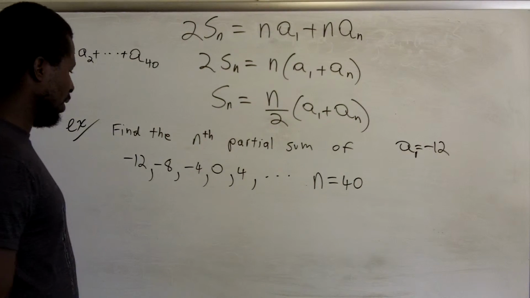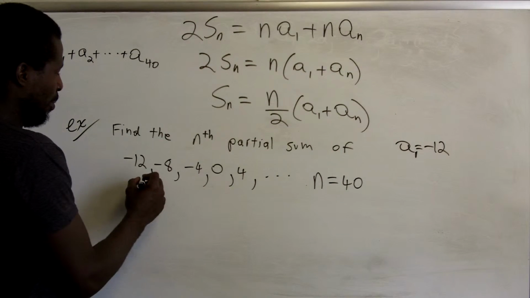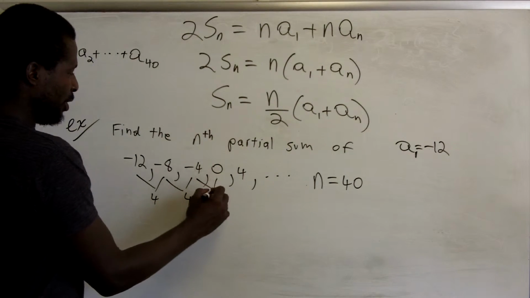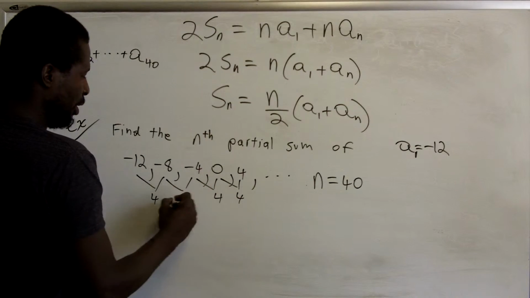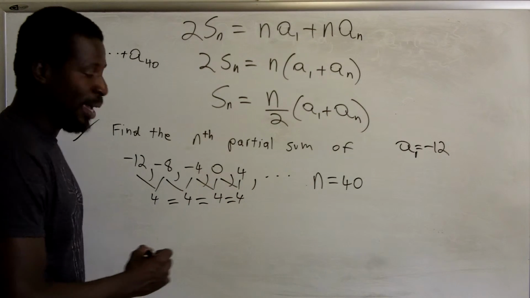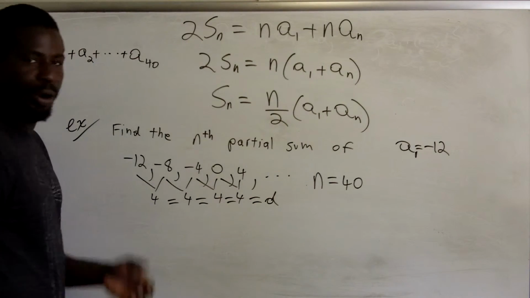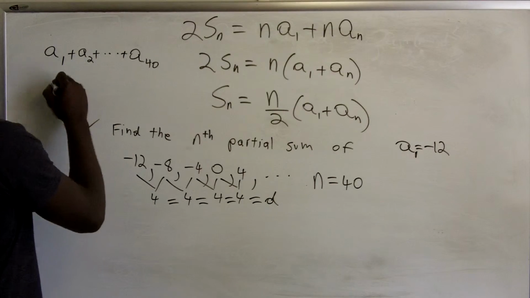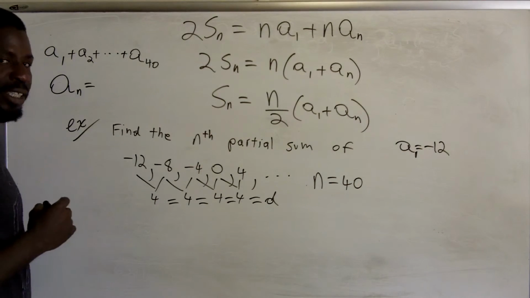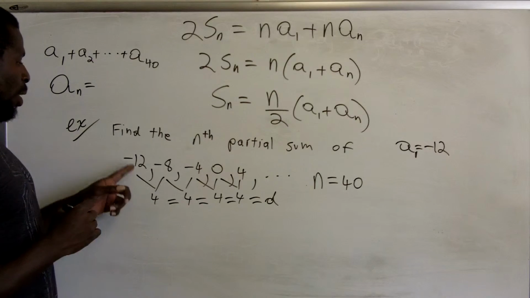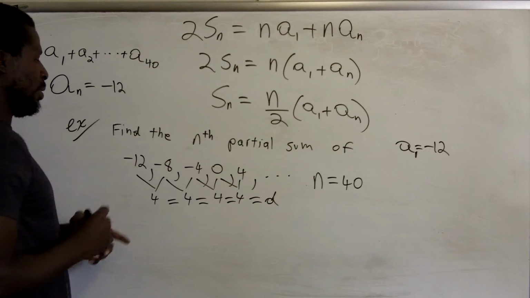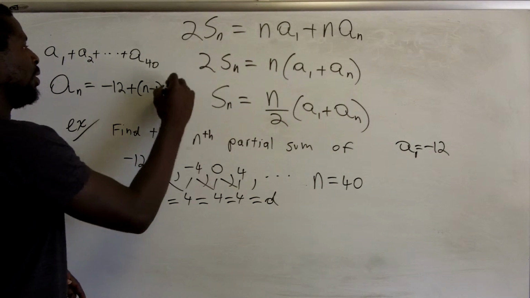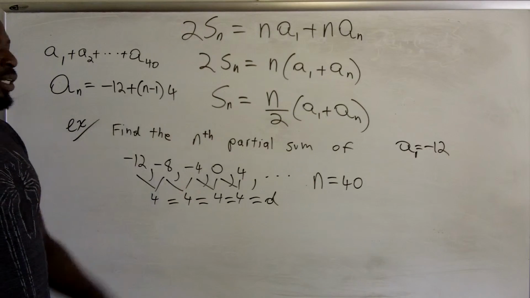There's a common difference here. The difference here is 4, the difference here is also 4, here is 4, here is 4. Since these are all equal, this is an arithmetic sequence with common difference d equal to 4. So I'm going to use the formula for an: an equals a1, which is negative 12, plus (n minus 1) times d, which we just found to be 4.